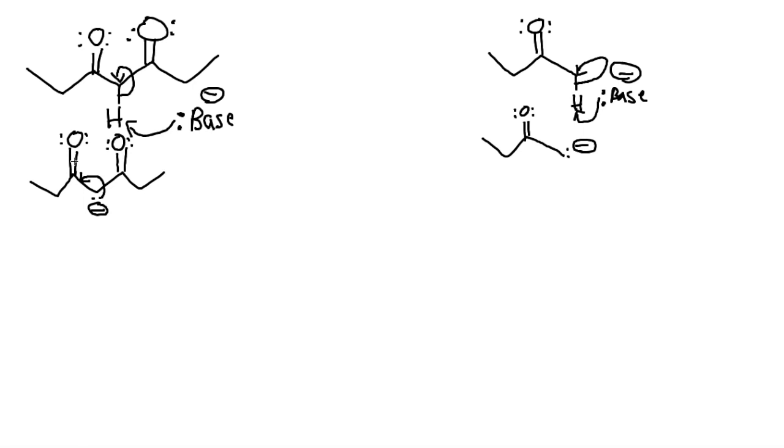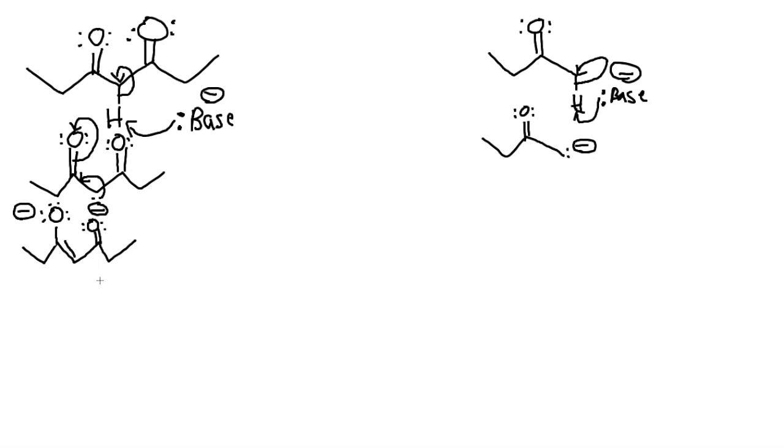When you do this, the double bond goes on top of the oxygen, making a lone pair. So we would have this structure. This oxygen would have three lone pairs, which gives a negative charge. There's a double bond right here, and this oxygen stays the same.